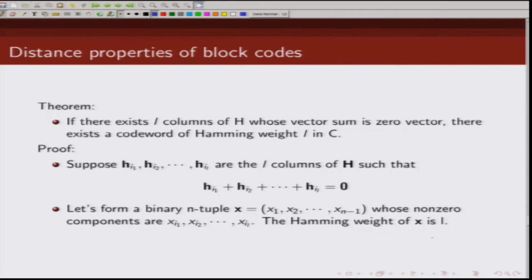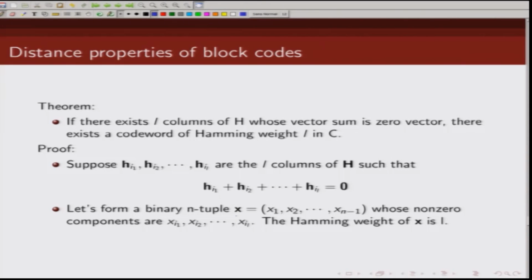Now, we want to show that if there exist L columns of this parity check matrix H whose vector sum is 0, then there exists a code word whose Hamming weight is L. So, next we are going to show that if this condition happens and there is an n-tuple whose Hamming weight is L, then this x has to be a code word. So, how do we show x is a code word?